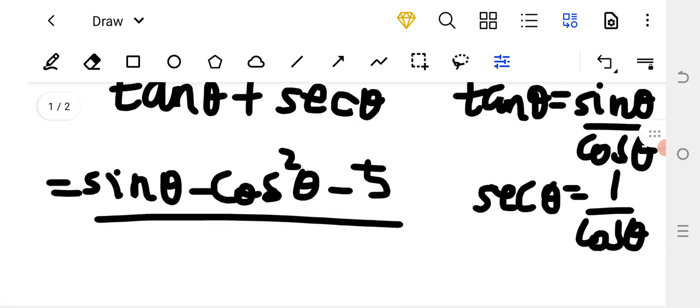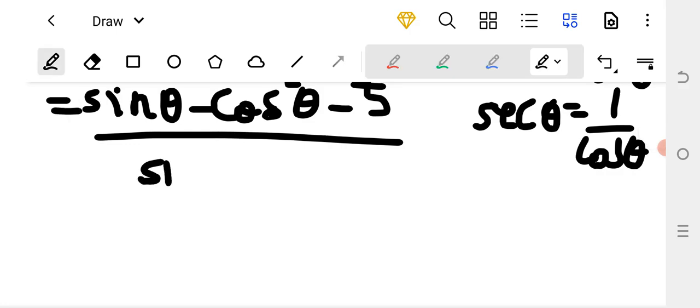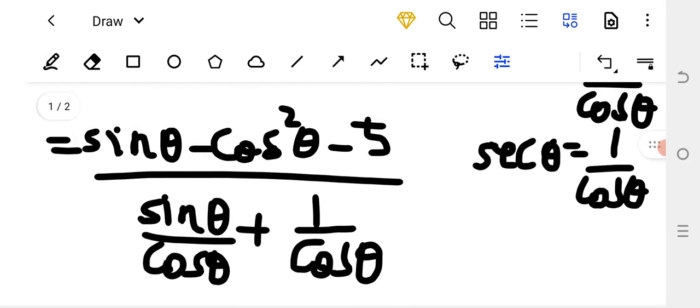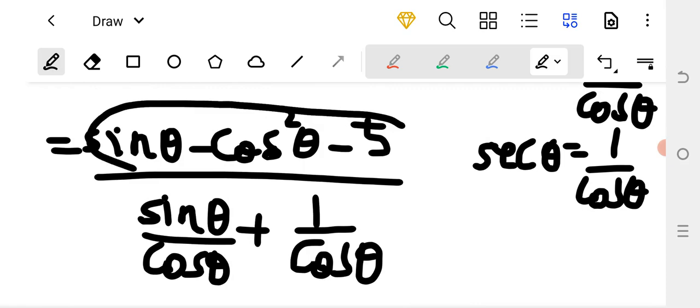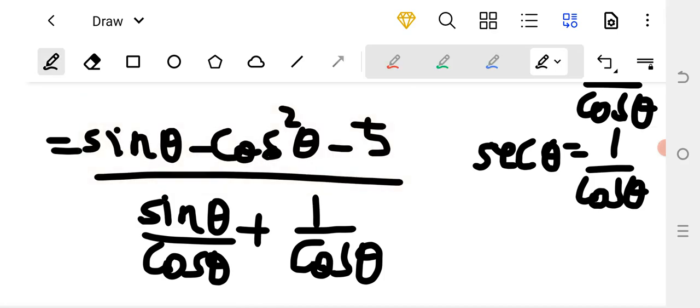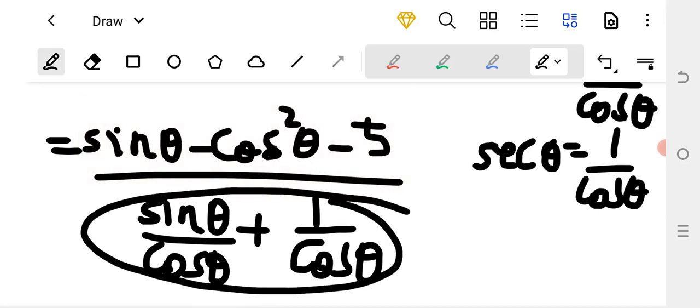So we are going to say sine theta over cos theta plus 1 over cos theta. This is a complex fraction, where this is regarded as the numerator and this is regarded as the denominator.